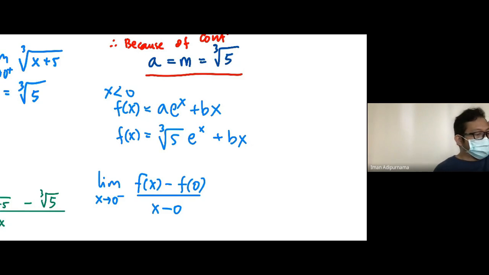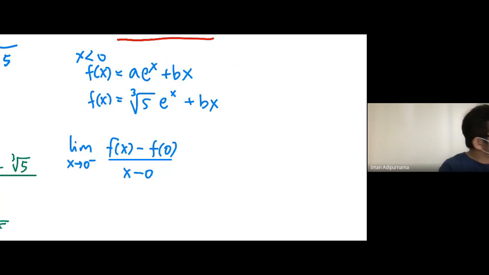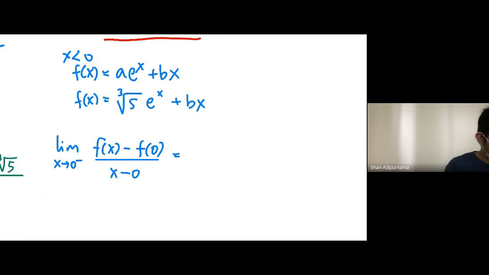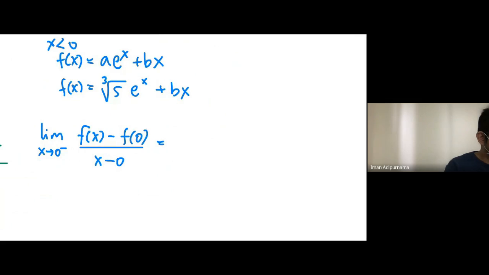Now the idea here is we need to find b through this formula. Now we can compute f of x. Let me write the limit. It should be one, right?